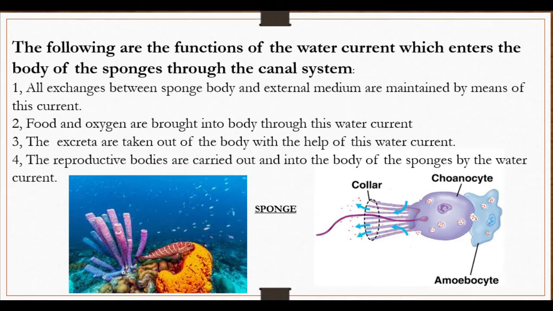The food and oxygen are brought into the body through the water current, and the excretory product is taken out with the help of this water current. The reproductive bodies are also carried by the water current system. Since they are living in water, the main way of transporting these reproductive bodies is via the water current.